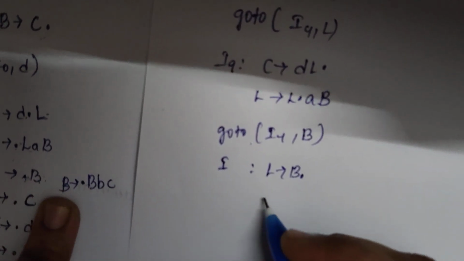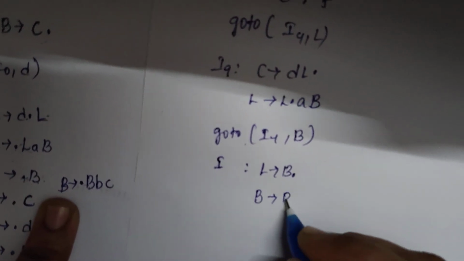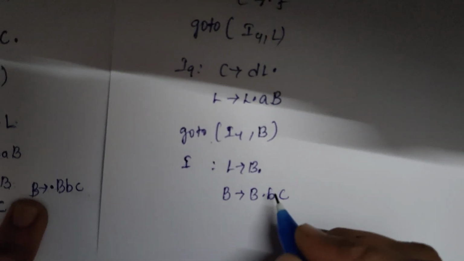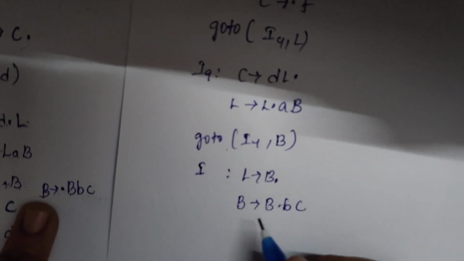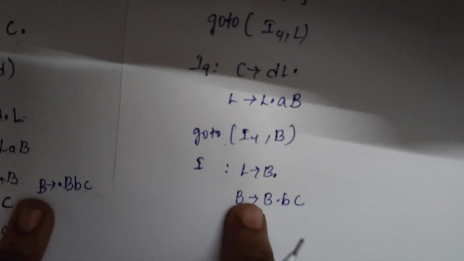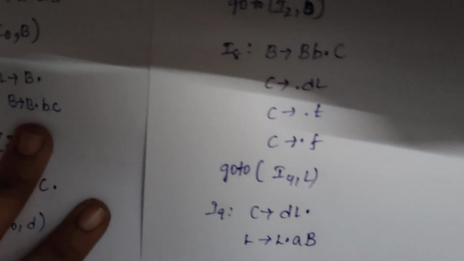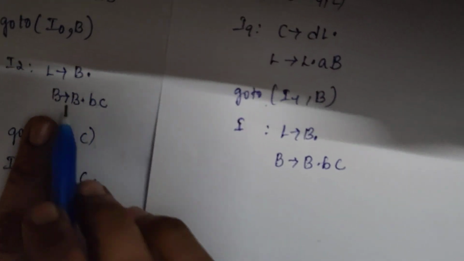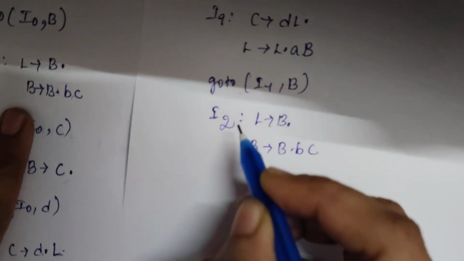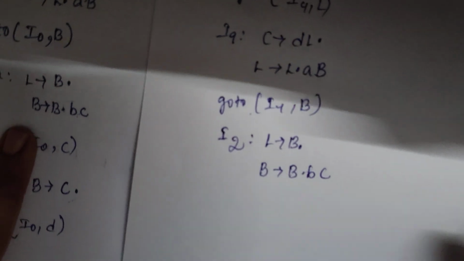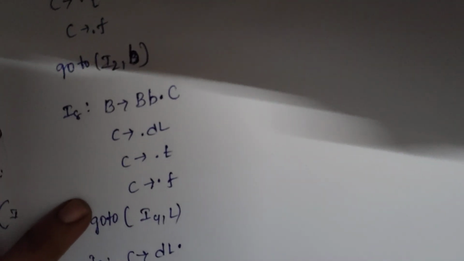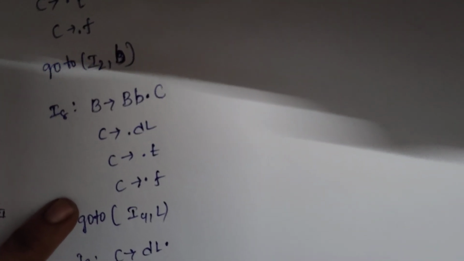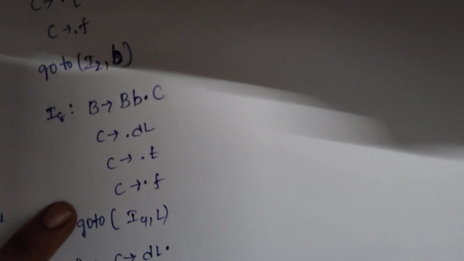So just write B produces B dot BC. Okay, I think we got this prediction already. This is I2, so name it as I2. Already we got this.